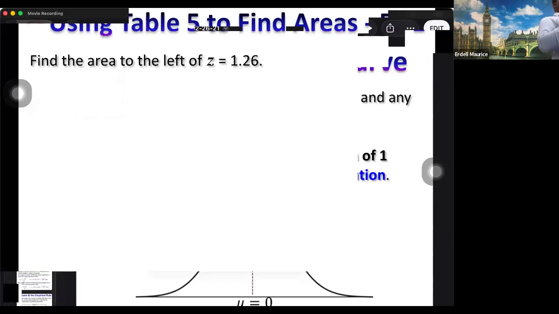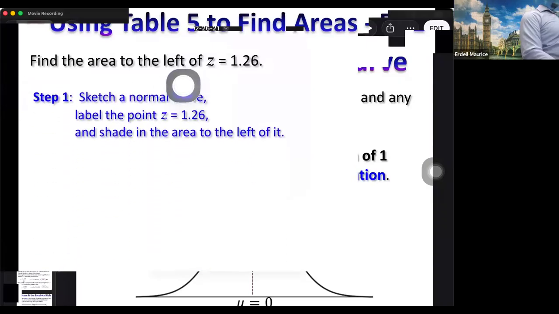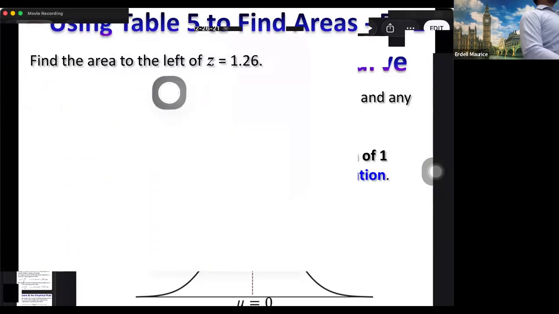Now, the word left right here means less than. And so this is literally asking, find the probability of being less than a z-score of 1.26.